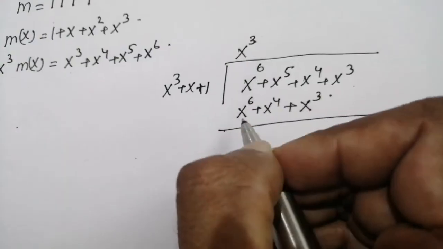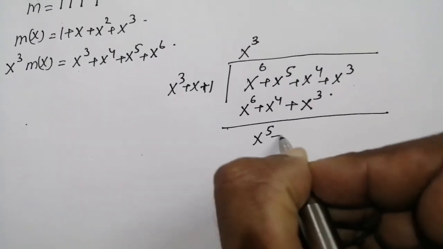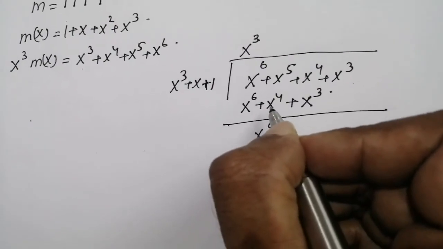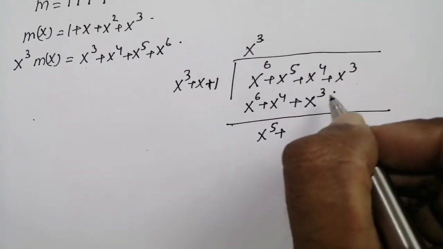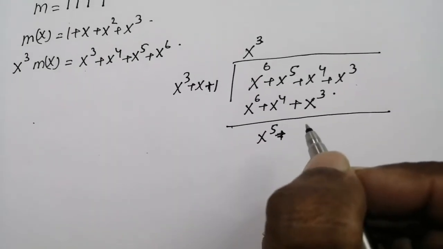So x raised to 6 plus x raised to 6 is 0. So we will get x raised to 5 plus x raised to 4 plus x raised to 4 is 0. And x raised to 3 plus x raised to 3 is also 0. So we will get x raised to 5.